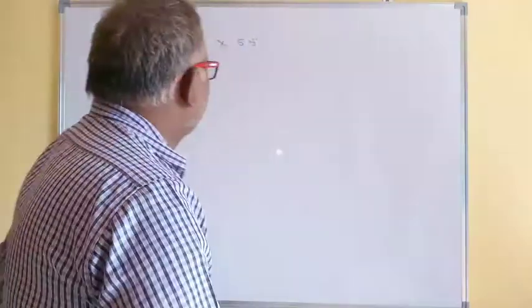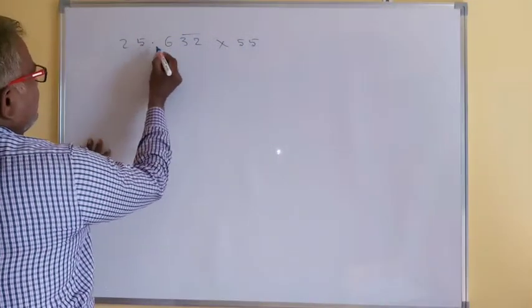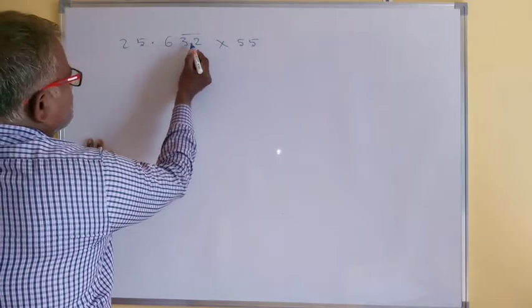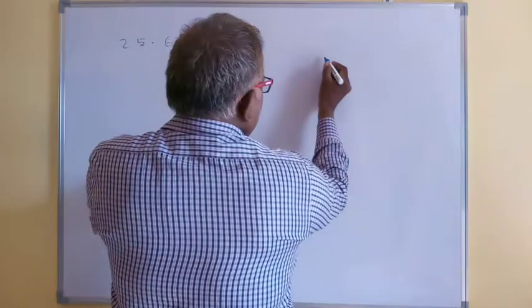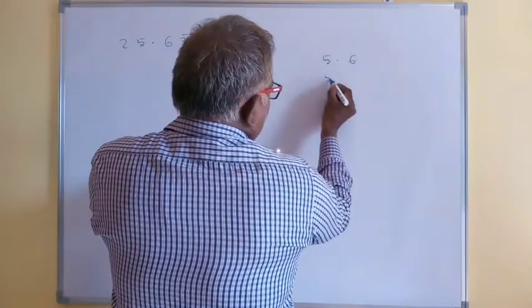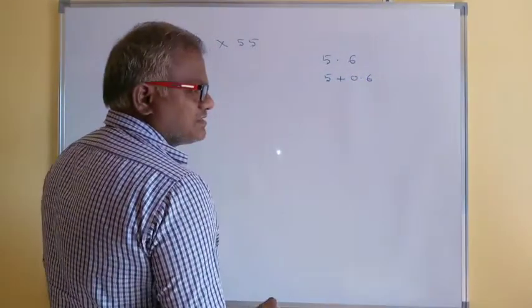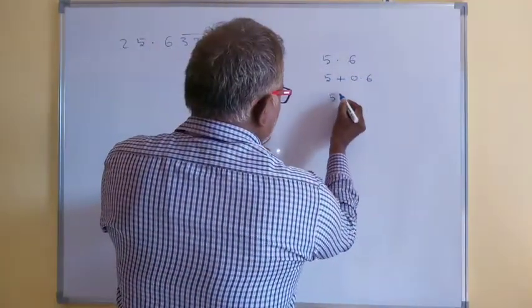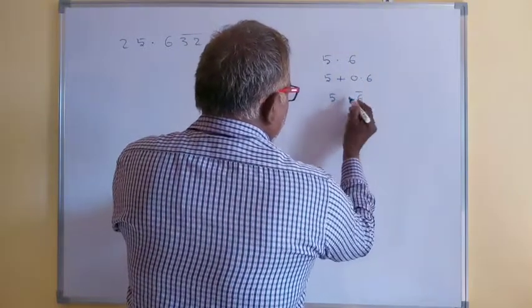Now, consider another problem. You see, 25.632 bar into 55. First of all, suppose 5.6 is there. What can you write? 5 plus 0.6. In the same way, suppose 5.6 bar is there.